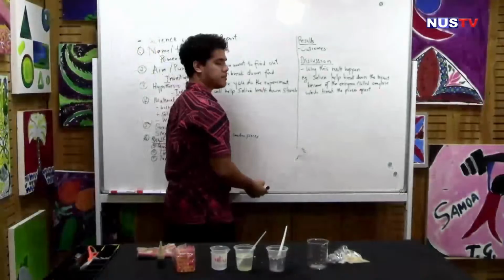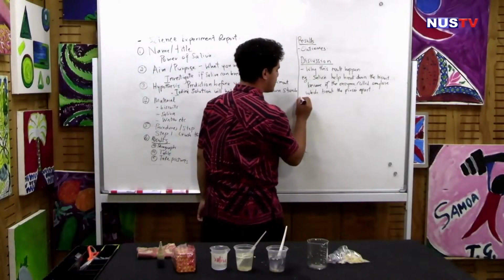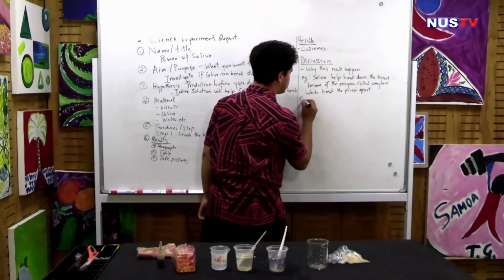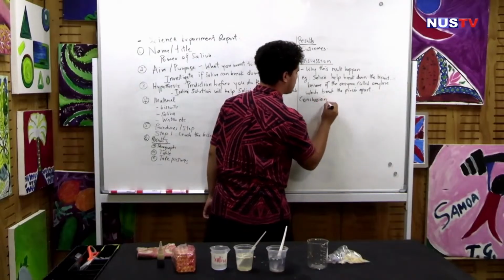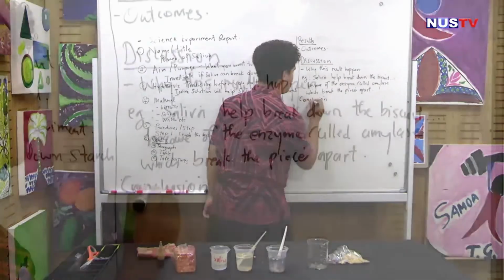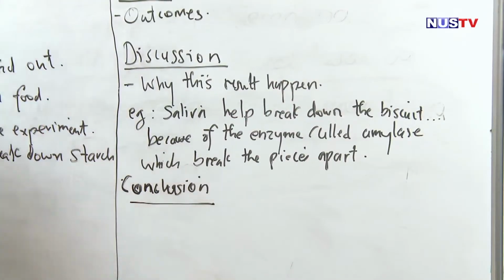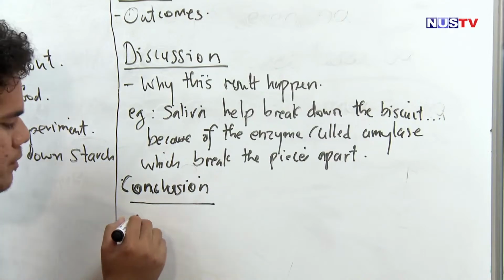The next one will be our conclusion, and this will be the final bullet point of your report. Your conclusion is where you write down what you have learned.